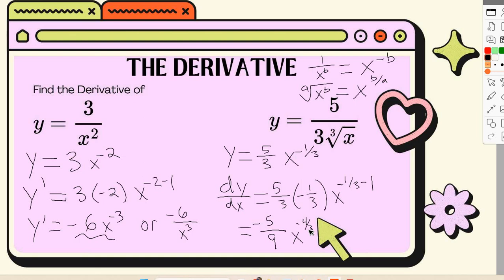Or, if we were to rewrite that, we would have negative 5 over 9 times the 3rd root of x to the 4th. Again, that's more helpful if it's like a multiple choice question. What other questions?